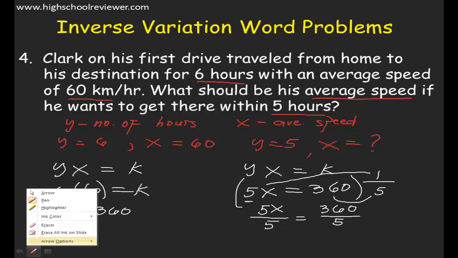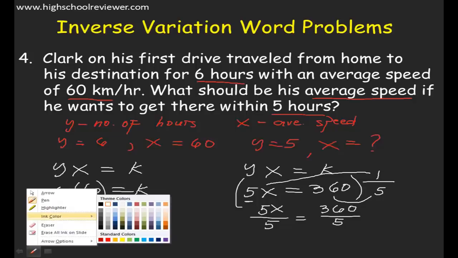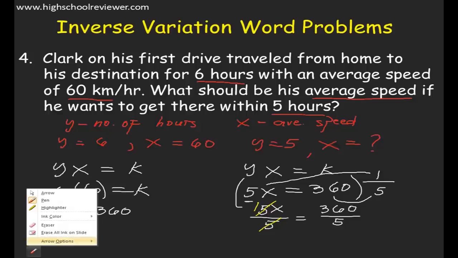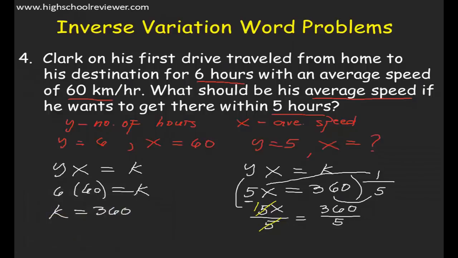So 5 divided by 5 is 1. And 1 multiplied by x is equal to x, and 360 divided by 5 will give us 72. So 72 is the average speed, so its unit will be 72 kilometers per hour.